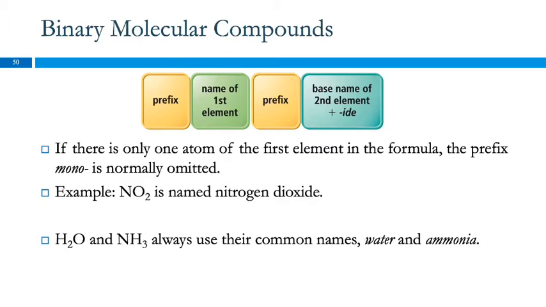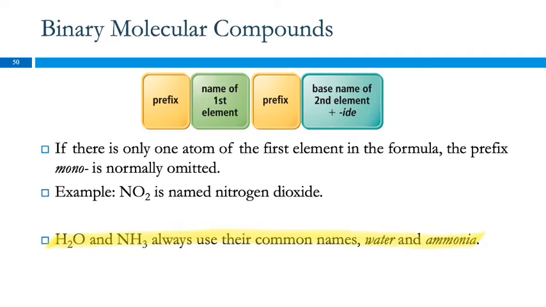Now, these 2 you need to be aware of. Ammonia and water. This would be dihydrogen monoxide and nitrogen trihydride, but they never use those names. Everyone always uses their common names, water and ammonia.